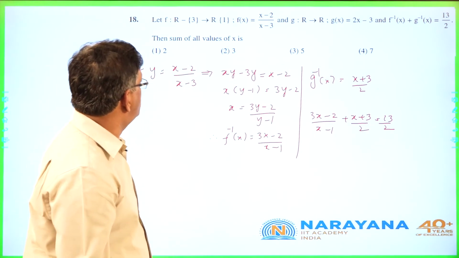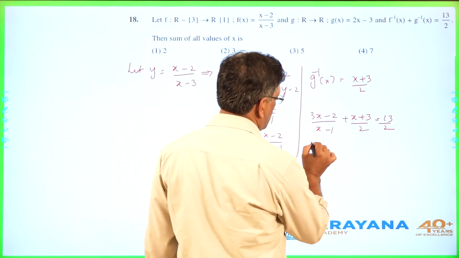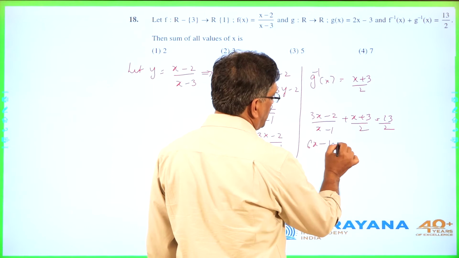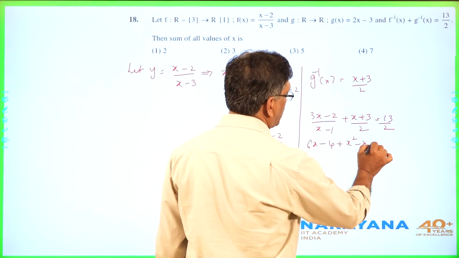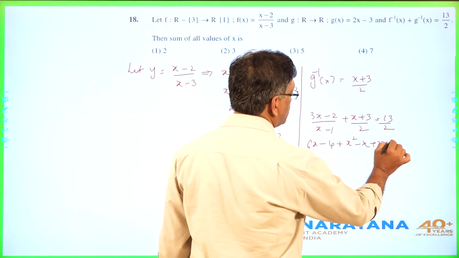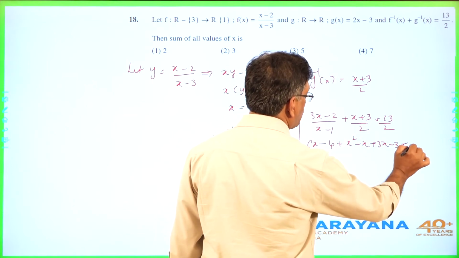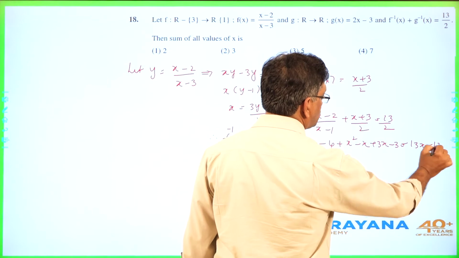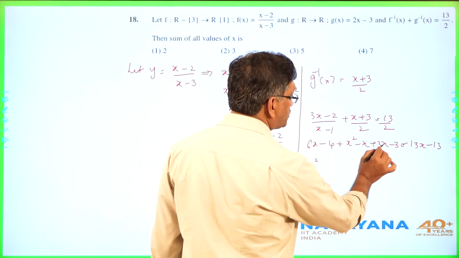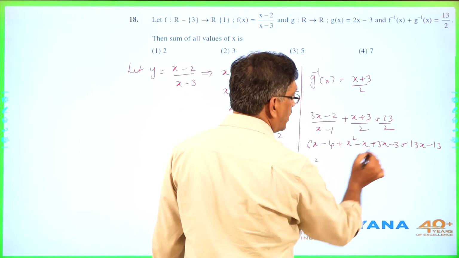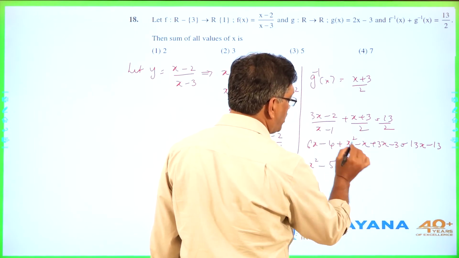We have to find sum of all values. Let us solve. 6x minus 4 plus x square minus x plus 3x minus 3 is equal to 13x minus 13. It is x square, 6, 9, 8. 8 means minus 5x.